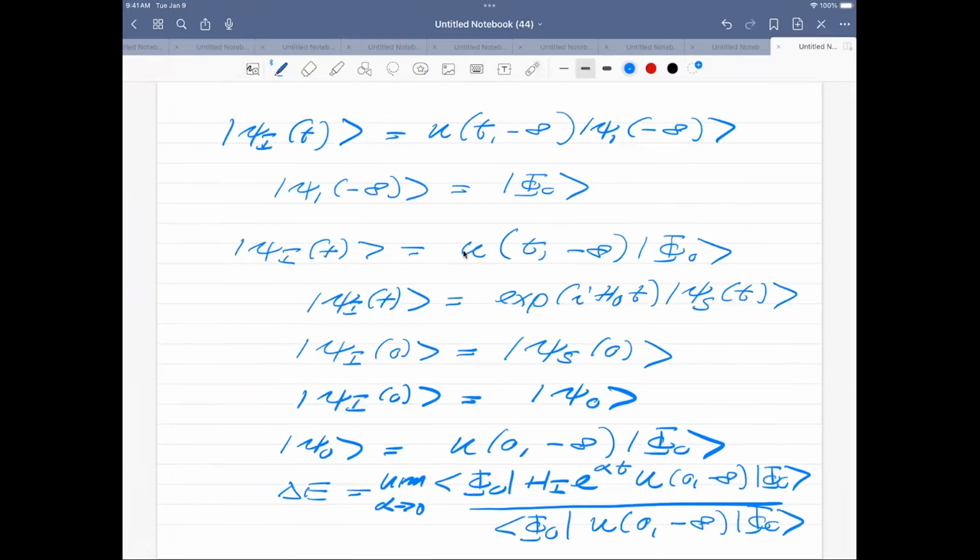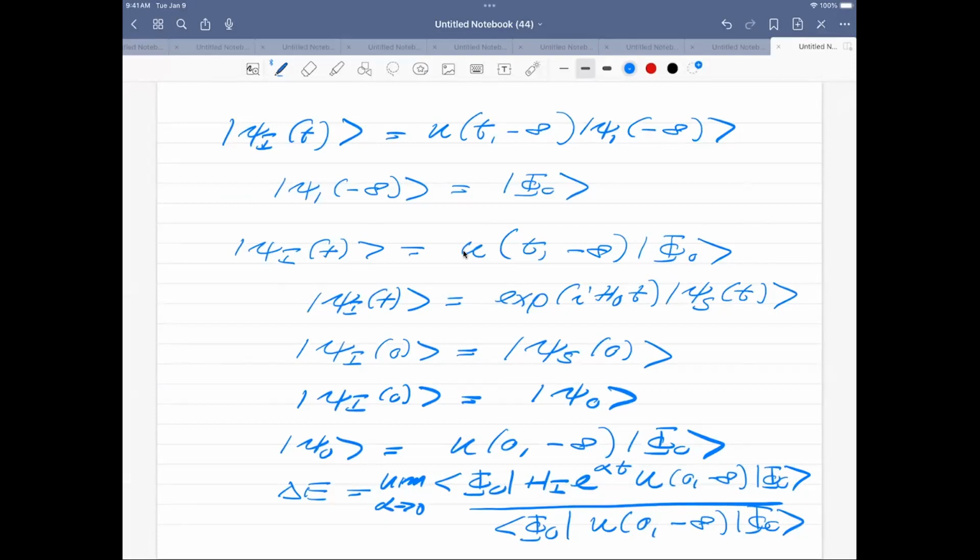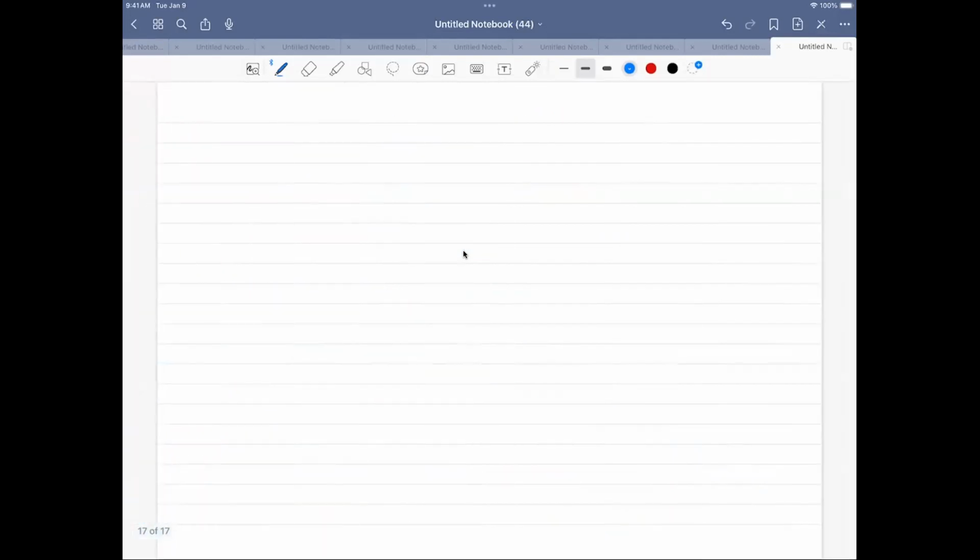So in that limit, let me just rewrite it on the other page.